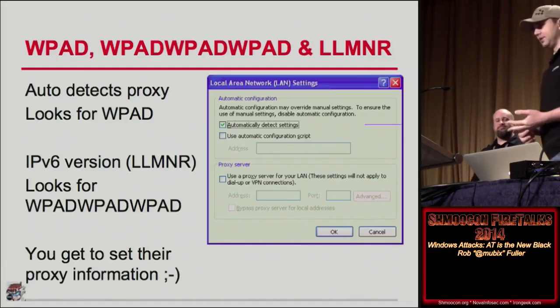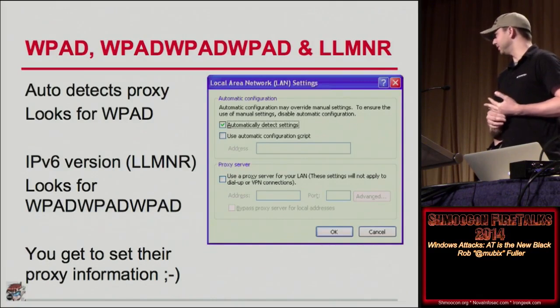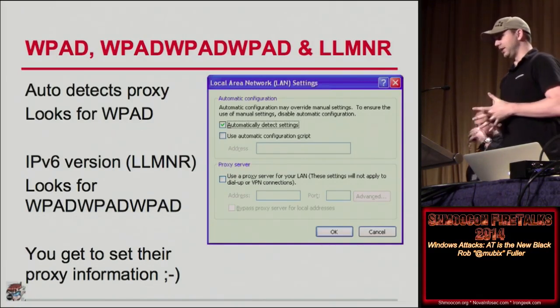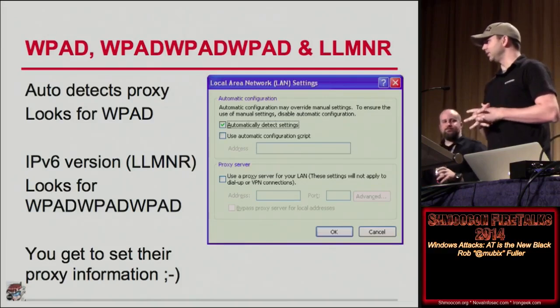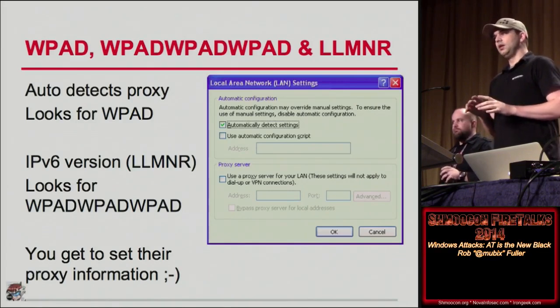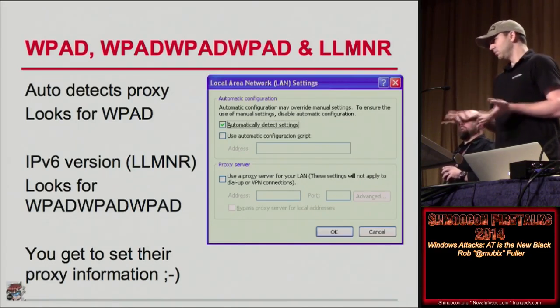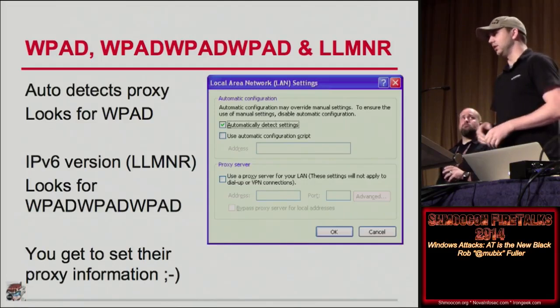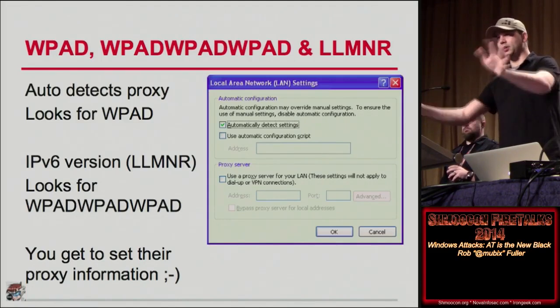So WPAD, I talked about this in defensive stuff, but it's also fun as an offense. If you don't know what WPAD is, I've actually had people come up to me and want more explanation on this. Basically it's a computer name that a Windows system, if it has this checkbox turned on, will request out and broadcast and say, hey, WPAD, do you exist?